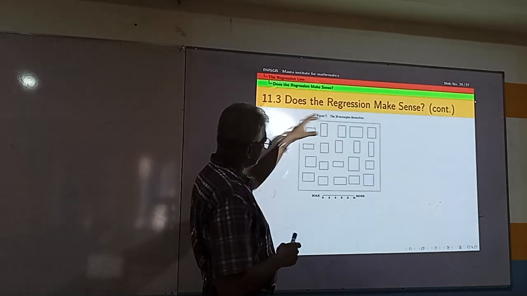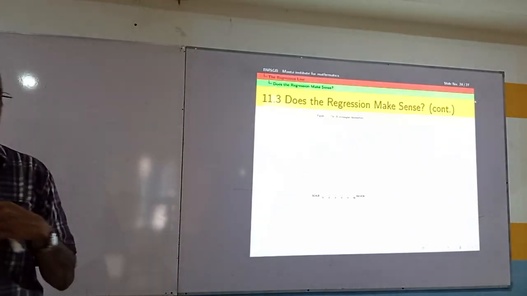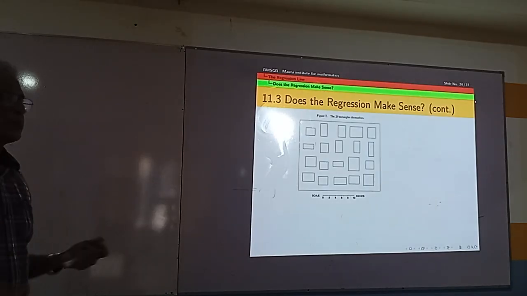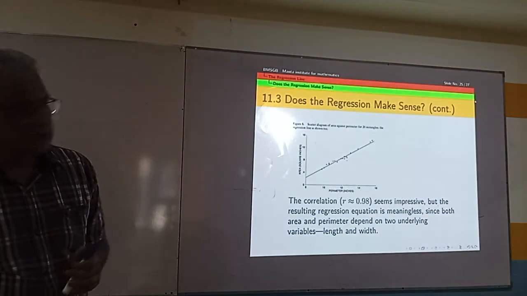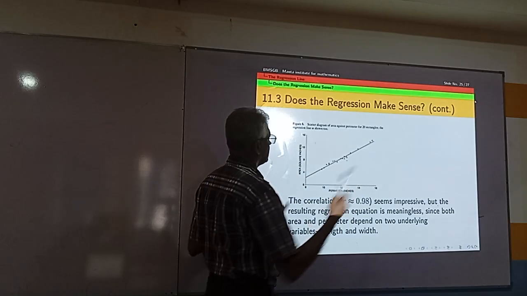For these rectangles, they show that there is a very close straight line relationship between the area and the perimeter. So mathematically we can fit a line. When they looked at the area and the perimeter, this was the picture.